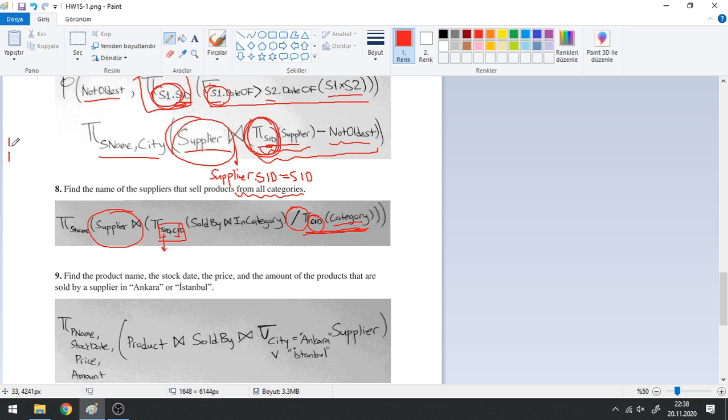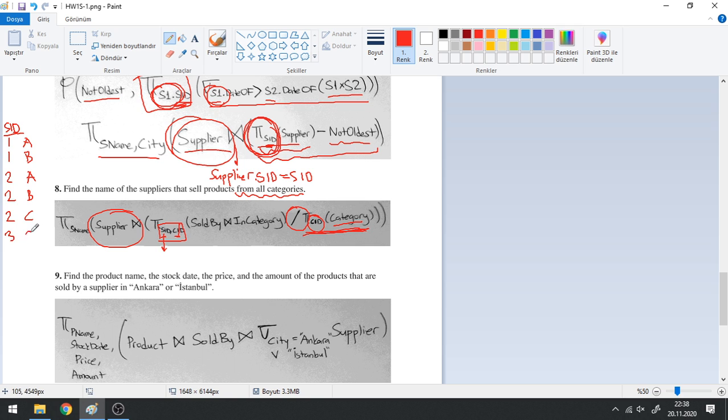So let's say these are my suppliers, SIDs. For 1, let's say this is selling from category A, category B. So 2 is selling from A, B, and C. And let's say 3 is selling from C only.